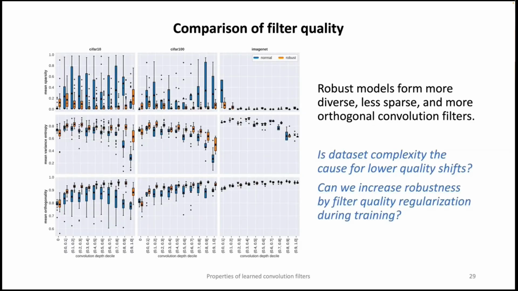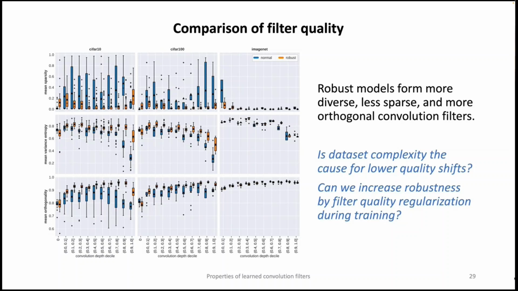And we did, again, the experiments over the depth of the model. We did it for every data set, and we, again, compared robust versus normal models. And you see what I've previously also shown you. The sparsity is very high for CIFAR-10 models that are normally trained. It significantly decreases if you do adversarial training.